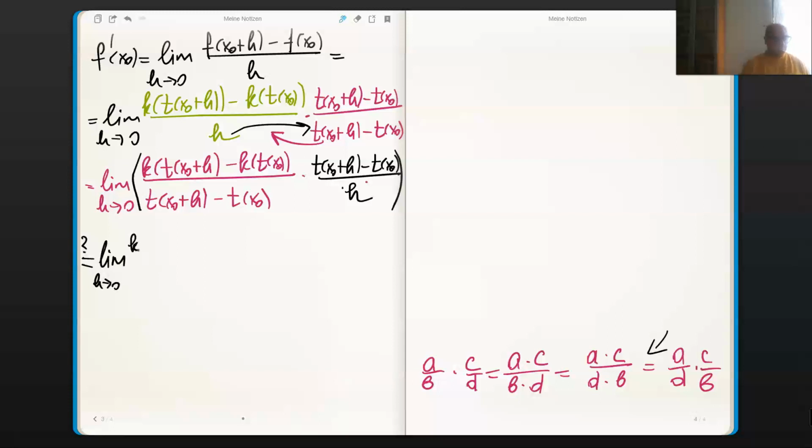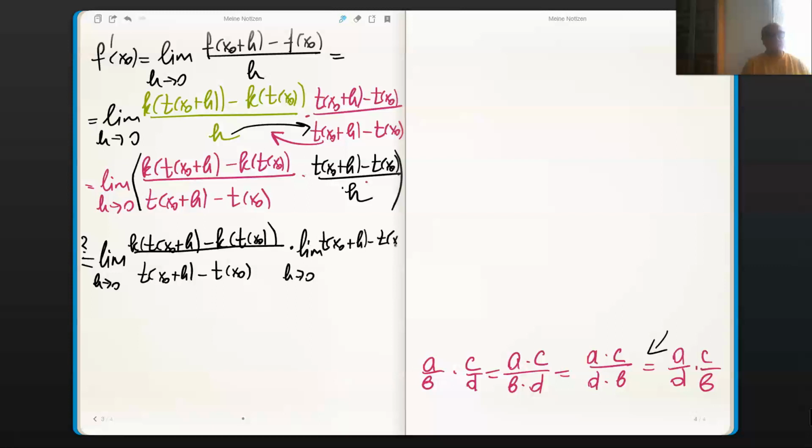So first of all, we have the first limit, k of t of xo plus h minus k of t of xo divided over t of xo plus h minus t of xo, that's fine, times limit h towards 0, t of xo plus h minus t of xo divided over h. Can we do it? Well, we don't know yet. That's why we still have this question mark right here, but we know that the functions are differentiable, and you see this is exactly t prime of xo, which is nice.